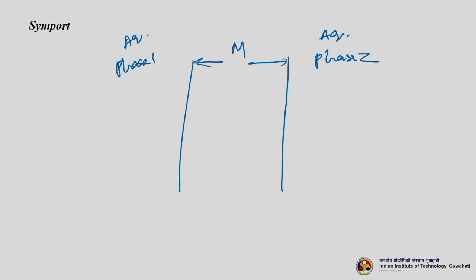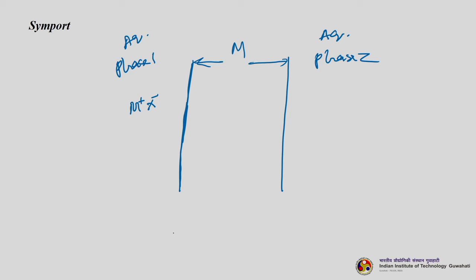Okay. So, initially what will happen? The salt, M plus X minus, will come to the interface of the membrane and aqueous phase 1, and it will complex here, right.